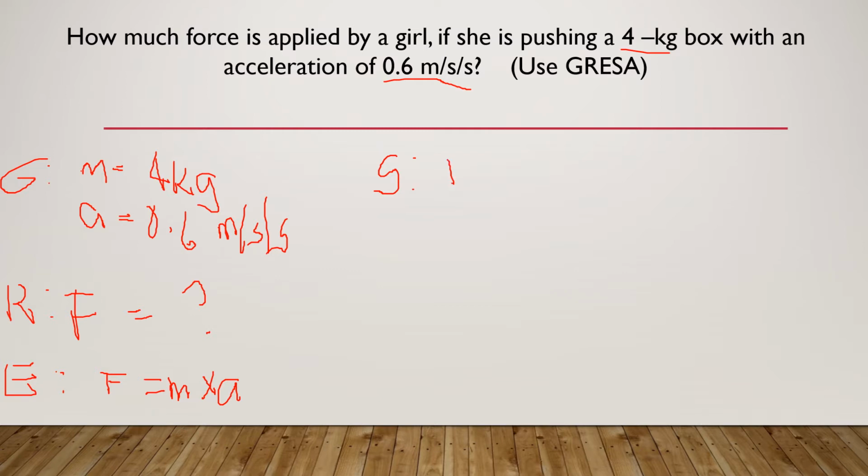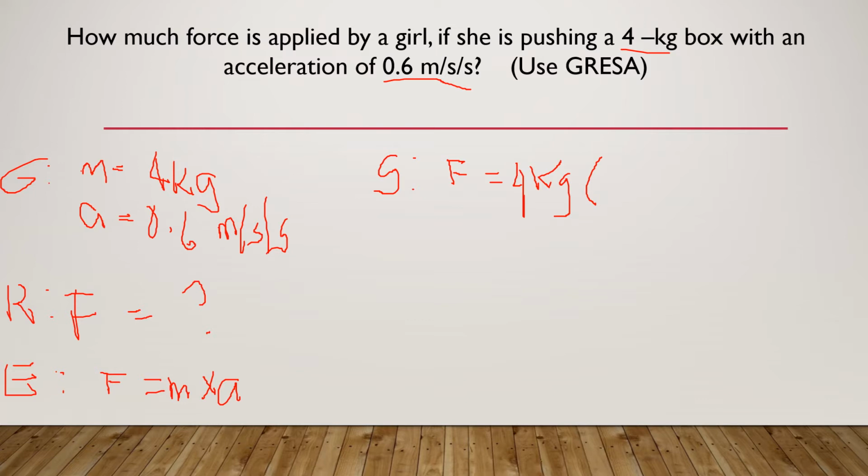Since we are looking for force, you just need to substitute the value of mass, which is 4 kilogram, and you just need to multiply it, or you just need to use the open and close parentheses, which represents the multiplication operation.